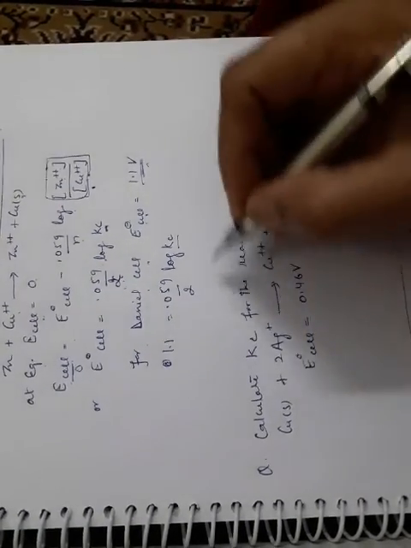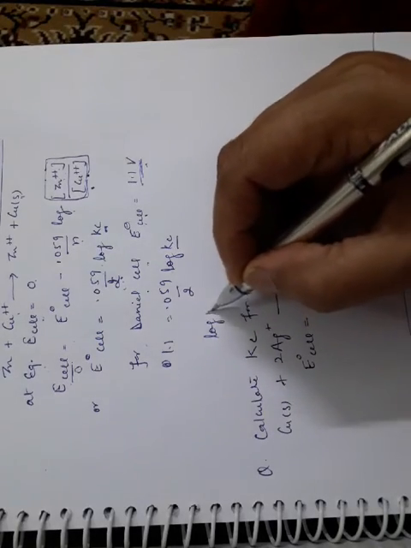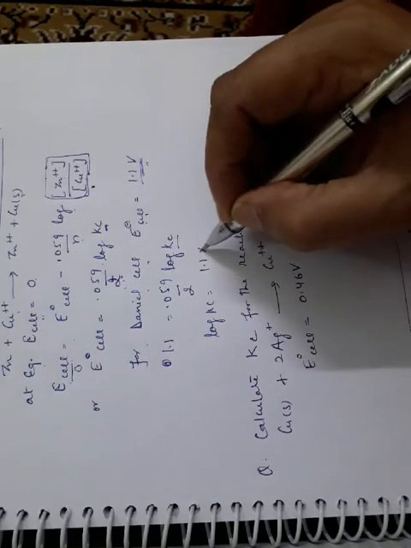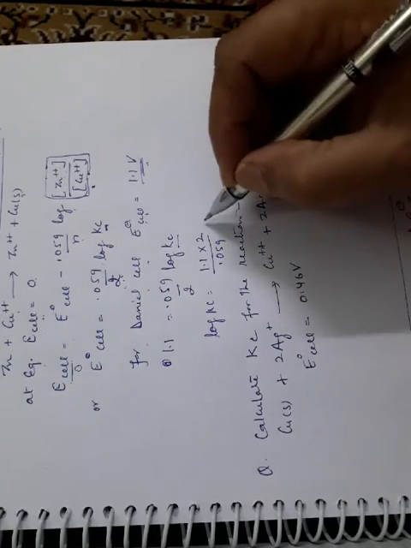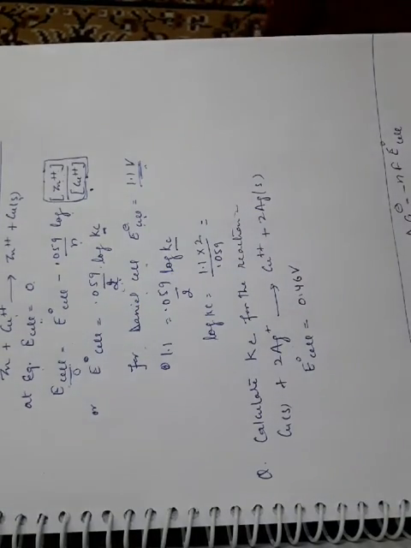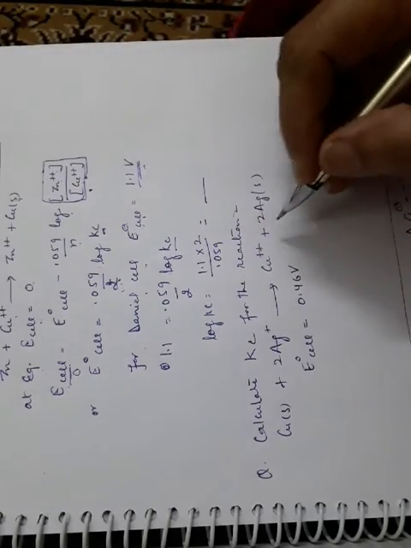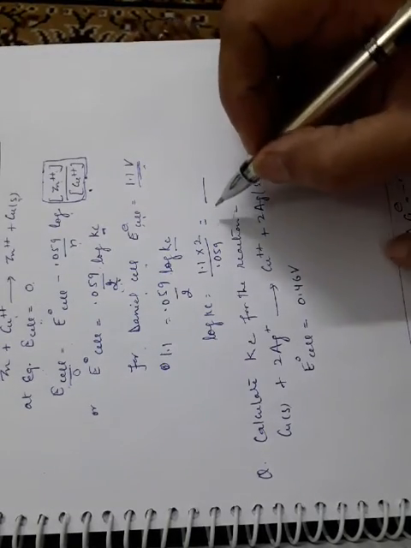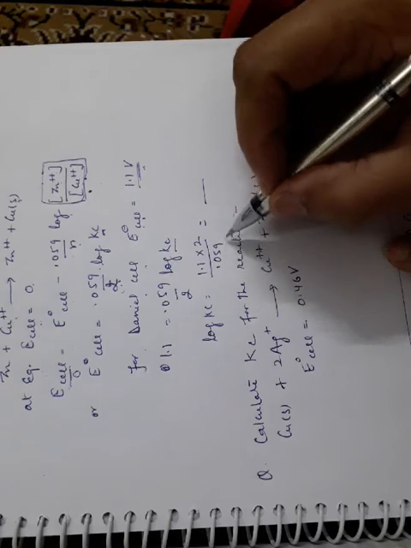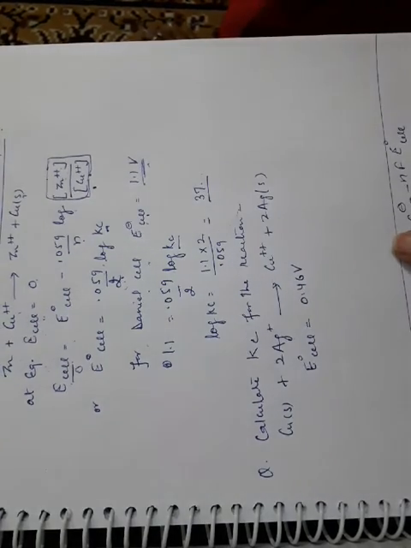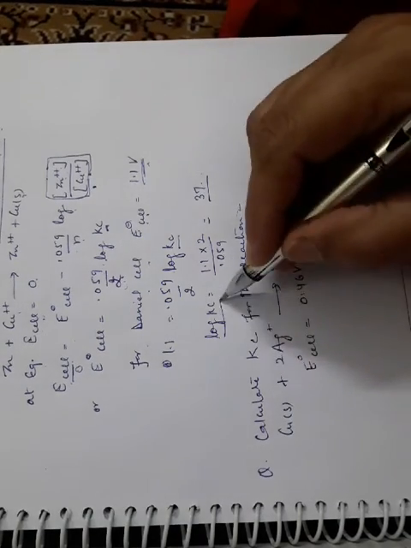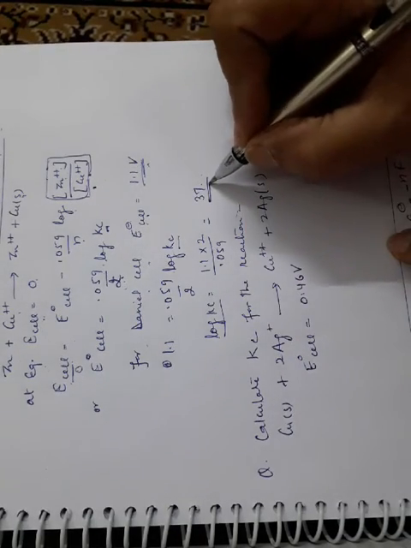So log Kc will be equal to 1.1 into 2 upon 0.059. Now it comes out to be approximately 37 point something. This is the value of log Kc.